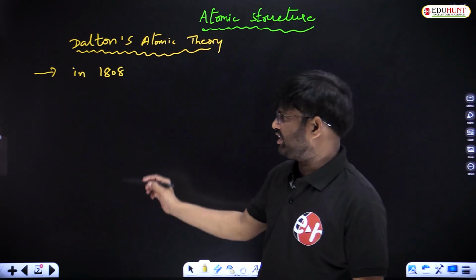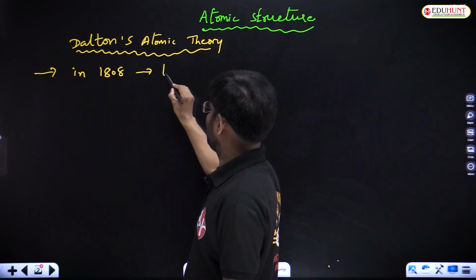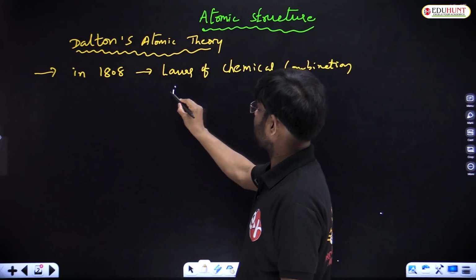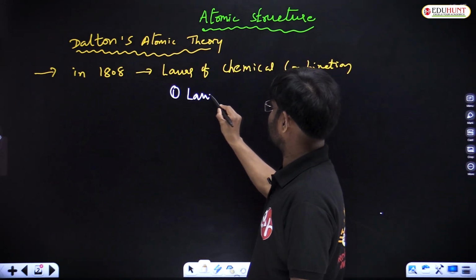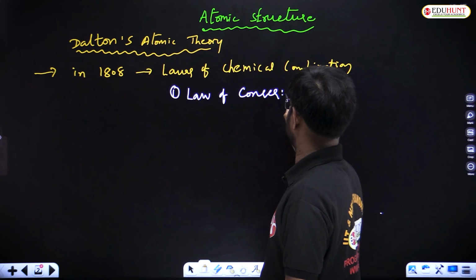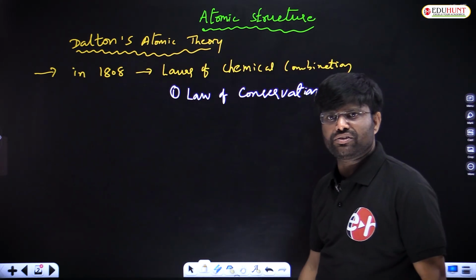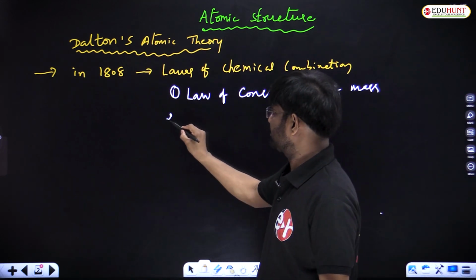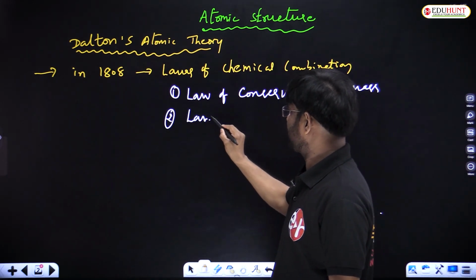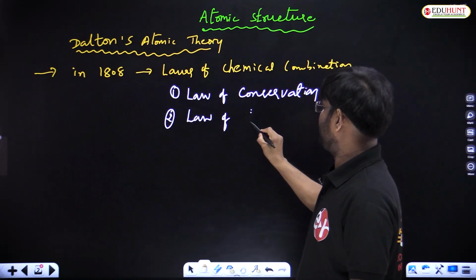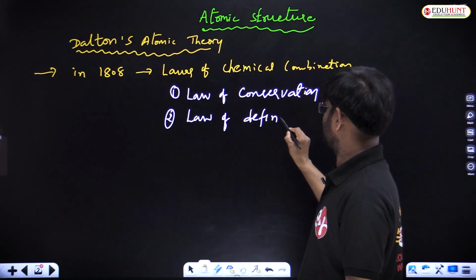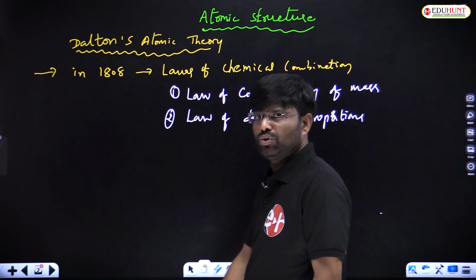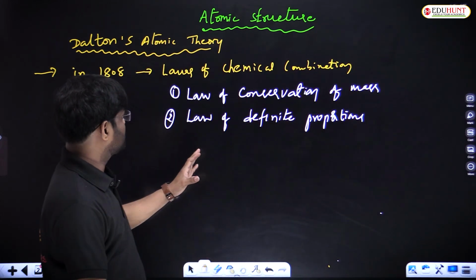Dalton proposed an atomic theory based on the laws of chemical combinations: the law of conservation of mass and the law of definite proportions.